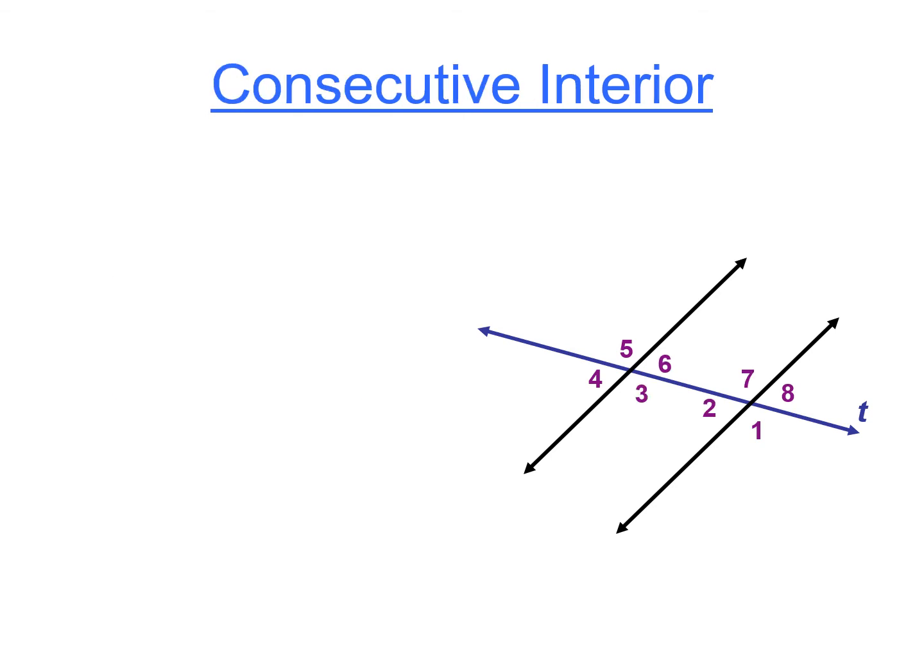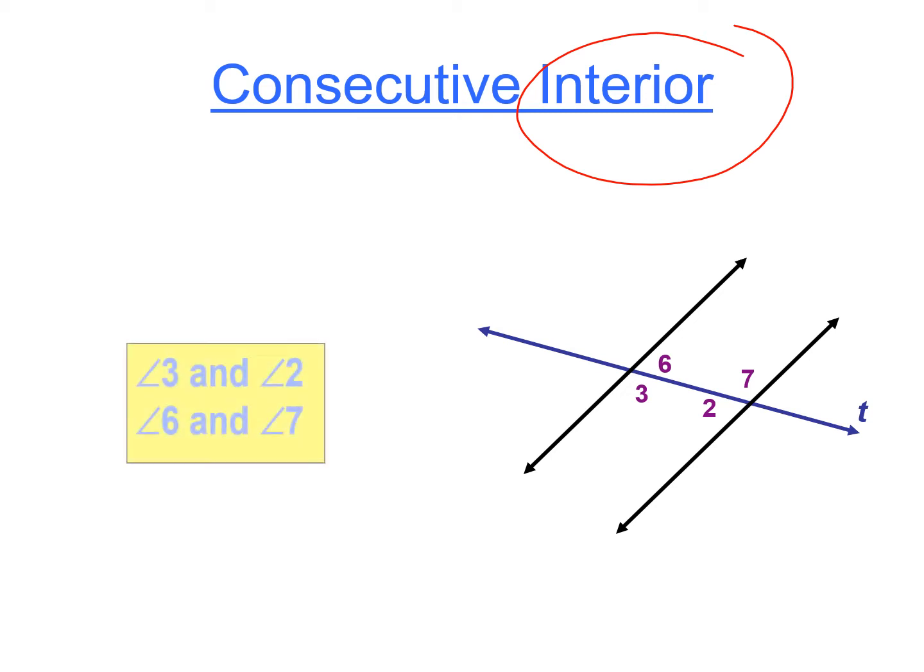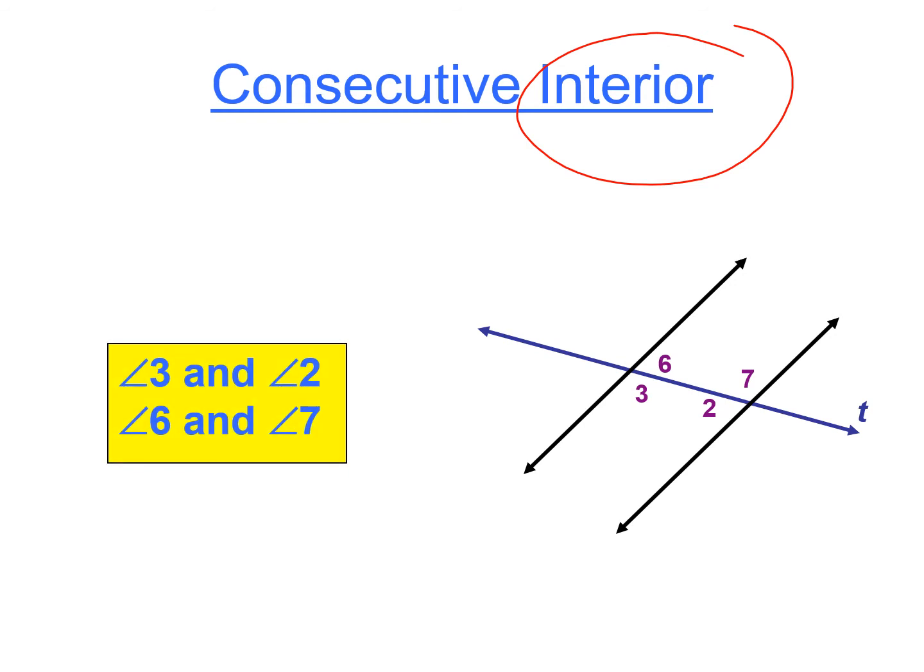Now, the fourth part is consecutive interior angles. Again here we use the term interior. This means the angles between the parallel lines. So we are talking about angles 2, 3, 6 and 7. What is the relation between them? No, this is not congruent, but the relation is here.